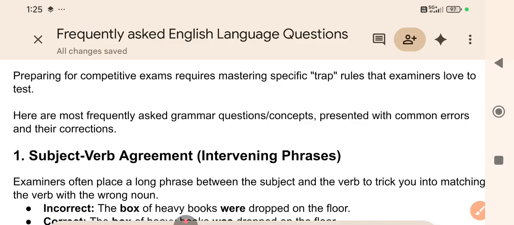So let us start. These are the questions which are often asked in exams. Common errors which are often covered in competitive exams. Preparing for competitive exams requires mastering specific trap rules that examiners love to test, right?